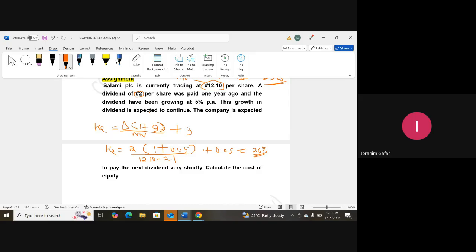They also mention here that 2 naira per share was paid 1 year ago, and the dividend has been growing at 5% per annum. It means that you no longer have 2 naira again, because every year it will be growing by 5%, and they said the dividend is expected to continue.